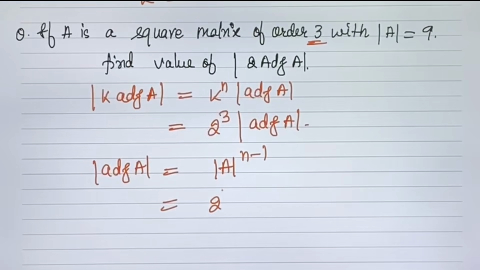It becomes 2 to the power 3 into 9 to the power 3 minus 1. 8 into 81, which is equal to 648. Okay बच्चों?